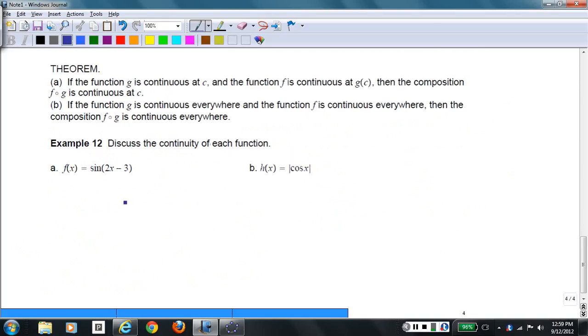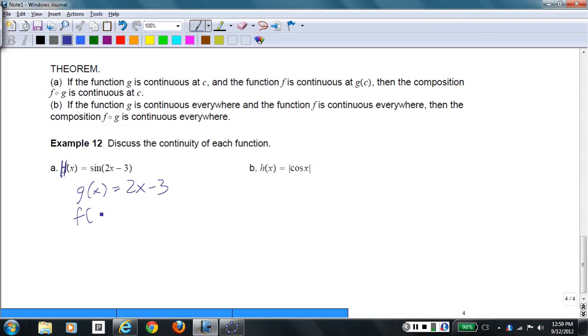we have the function, let's see, I almost wish I'd called this function h. I called that one h. Let me call this one maybe capital H. Because if I let g of x equal 2x minus 3, that's a linear function, it's a polynomial, it's continuous everywhere.